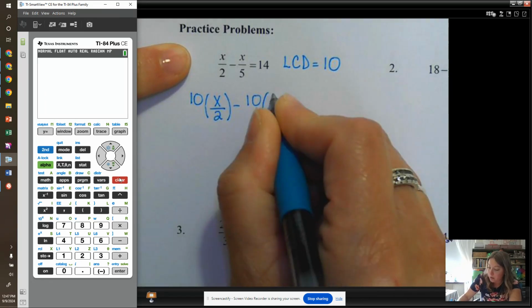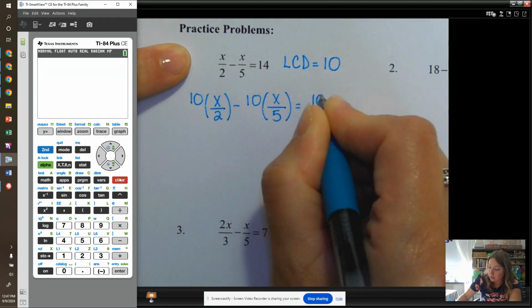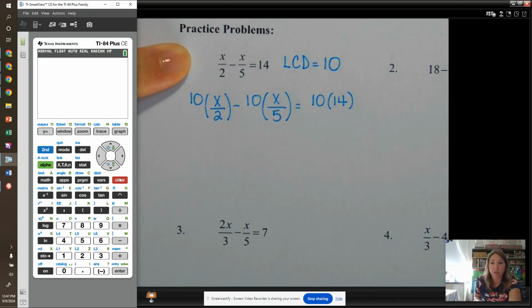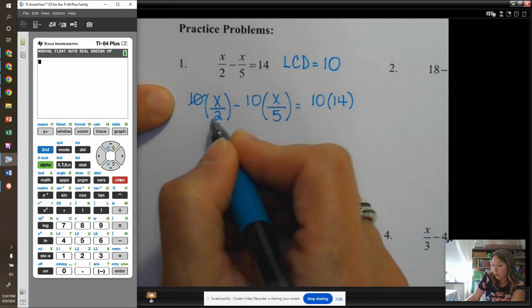The first big step is to rewrite your LCD multiplied by every single piece of the equation. You've got to do this because in every piece it might cancel differently. The idea here is that the LCD cancels with the denominator.